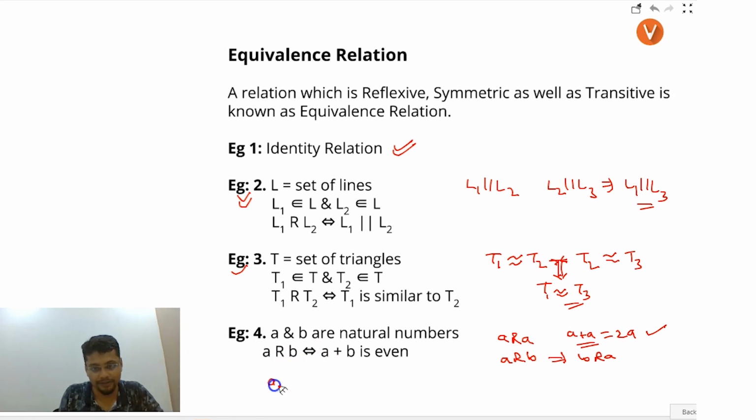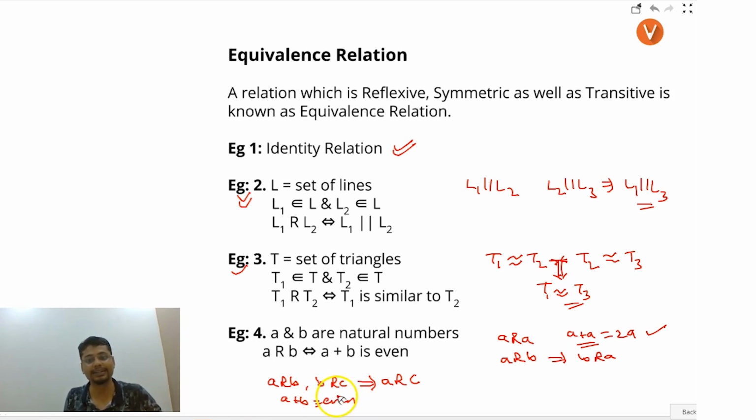Let's check this out. If A is related to B and B is related to C, it implies A is related to C. How? First of all, A, B, C are natural numbers. All right. So either A can be odd or even, right? For A to be related to B, that means for A plus B to be even, either A and B both should be odd or A and B both should be even. All right.